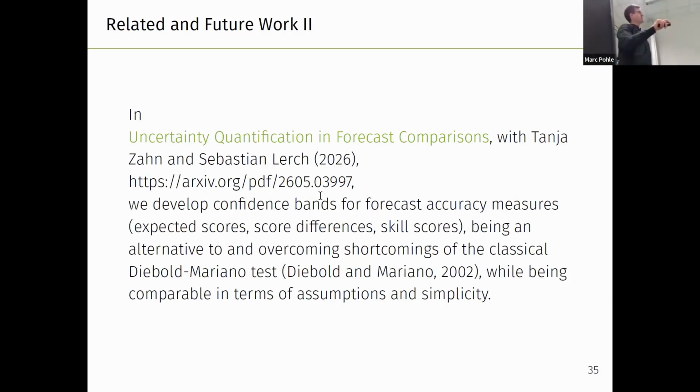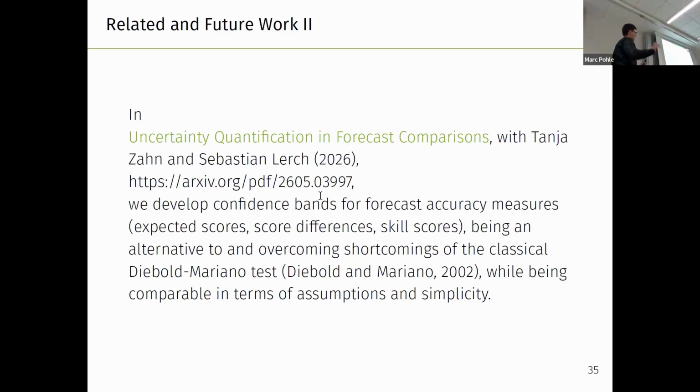And we have a paper which has been out for 2 weeks now on arXiv with Tan as well and Sebastian Lerch. There we develop such confidence bands for forecast accuracy measures, so expected scores, expected losses, loss differences as are usually used in the Diebold-Mariano test, and so-called skill scores.